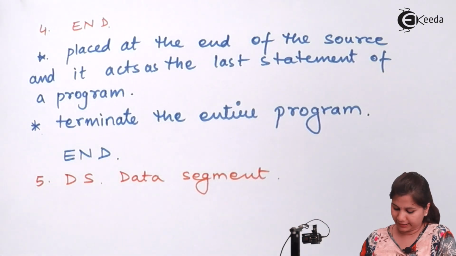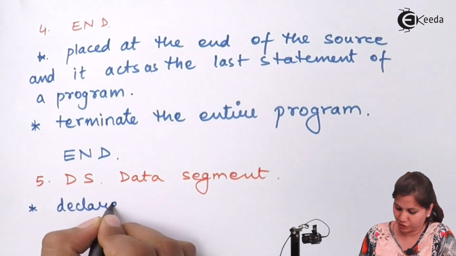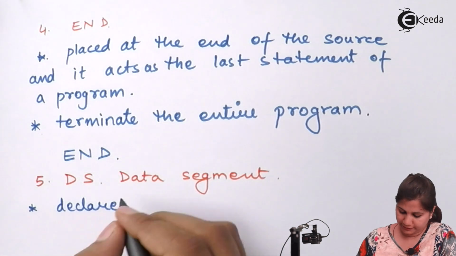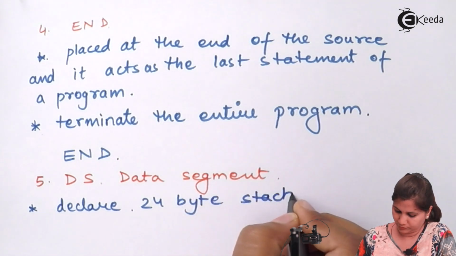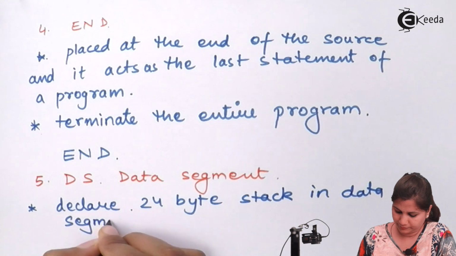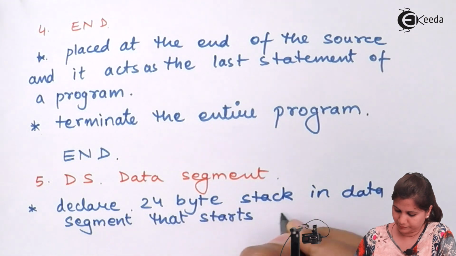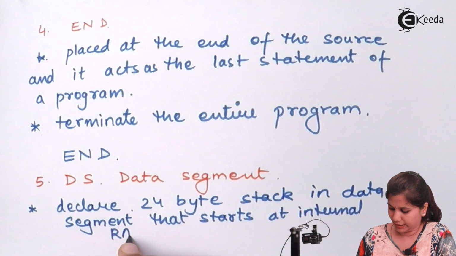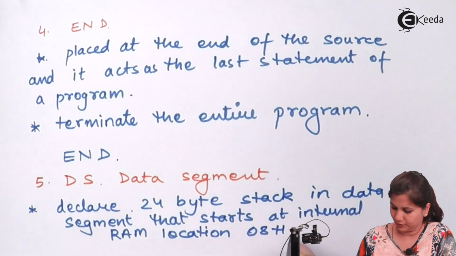And when this directive is written, then it is going to declare 24 bytes of memory location or 24 bytes of stack in the data segment, that starts at internal RAM location 08H.